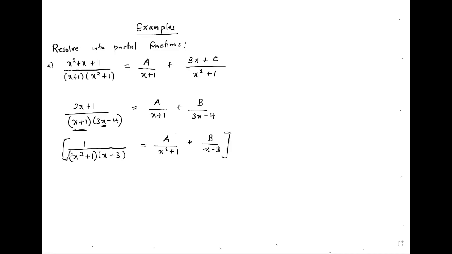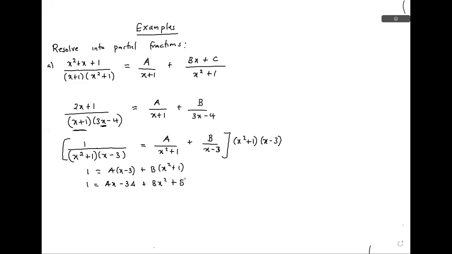Because if we try to do this, we multiply by x squared plus 1, x minus 3. Then we'll have 1 is equal to a, x minus 3, plus b, x squared plus 1. We expand and get 1 is equal to ax minus 3a plus bx squared plus b, which is another way of saying I don't have a number I can use to get the values.